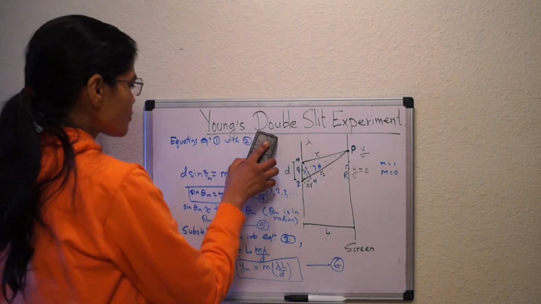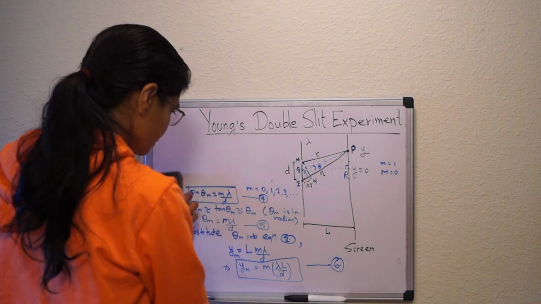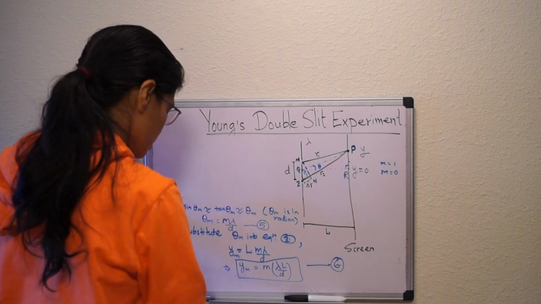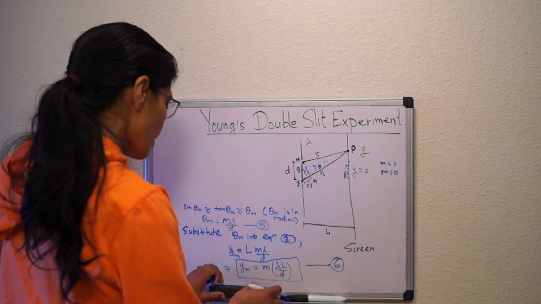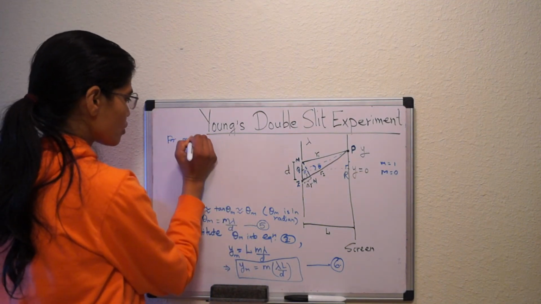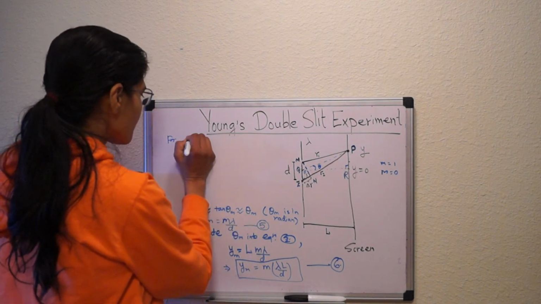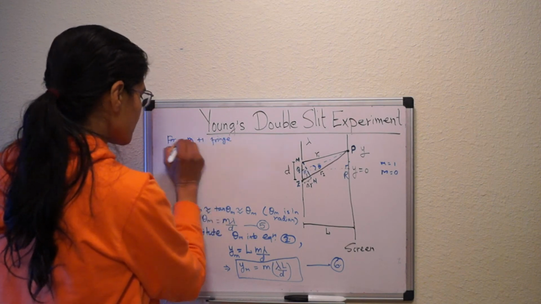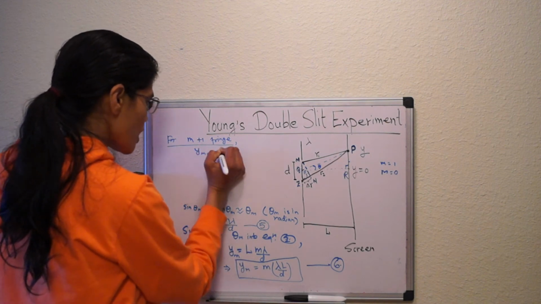Let's see quickly, what would be the width of the fringe itself? To do that, let's look at the m plus 1 fringe. For the m fringe we have equation 6. We will have y m plus 1 equal to what?